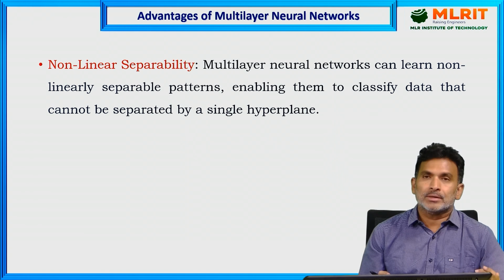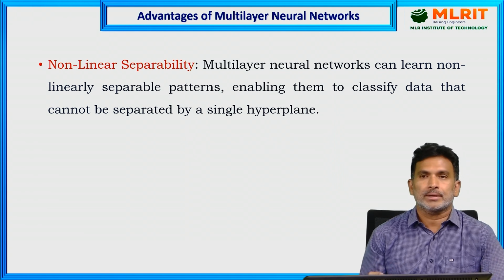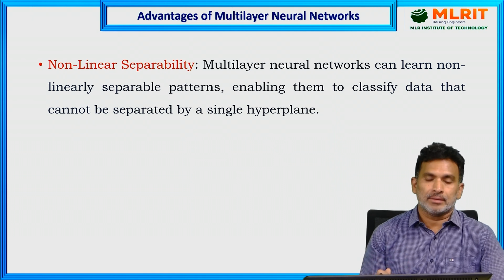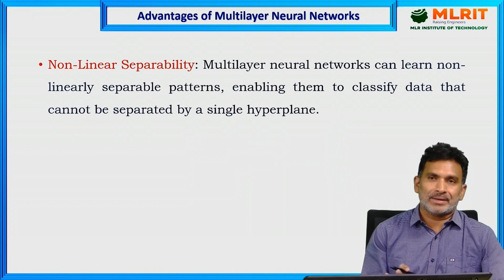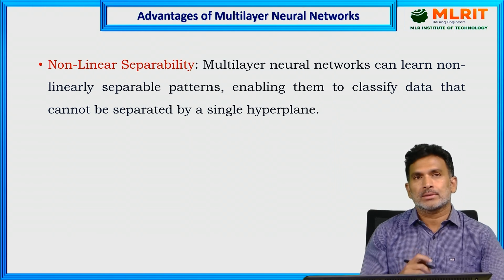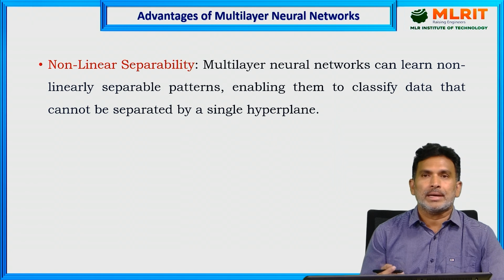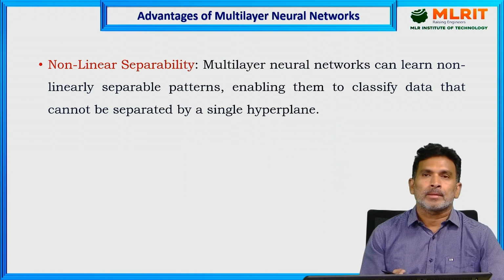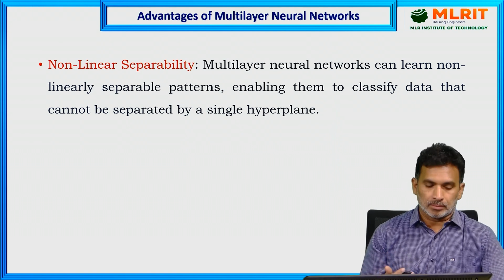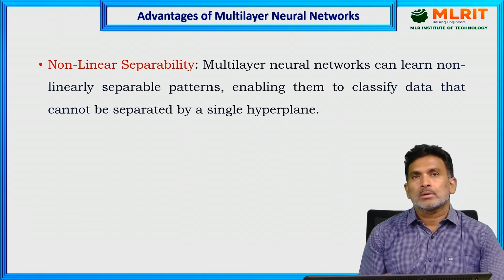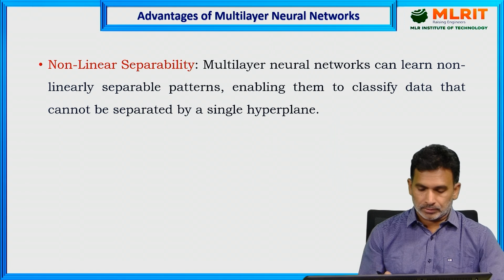Whereas most of the data in the real world has non-linearity, so we need deep learning models to deal with such data. Dealing with non-linear data is a limitation of the single layer perceptron. Because multi-layer perceptrons have one or more hidden layers, that is an advantage of multi-layer neural networks.